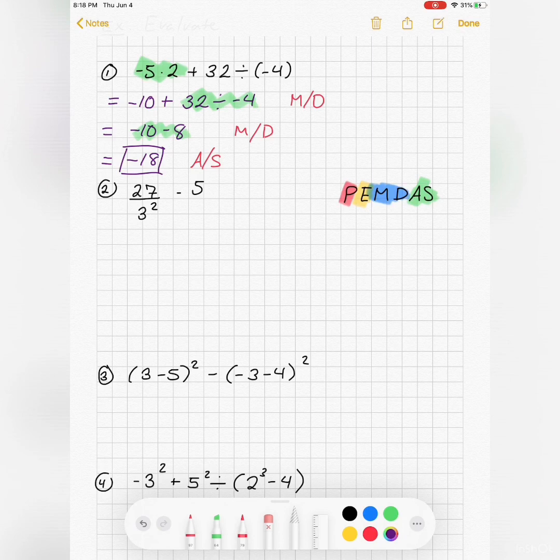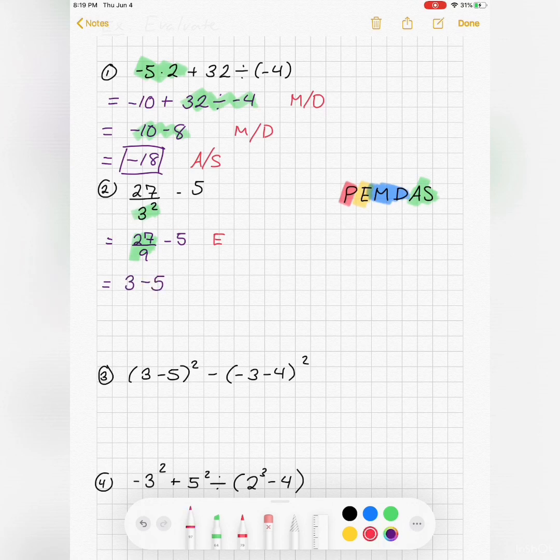Okay, so next one. So I don't see any parentheses. So next I'm going to look at the exponent. So 3 squared is 9. What rule did I use in that step? I used exponent. Okay, now I'm going to go, okay, what next? So now I look for multiplications and divisions. So now I see a division, right? 27 divided by 9 is 3.